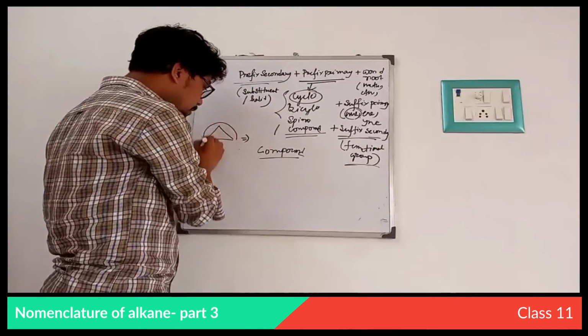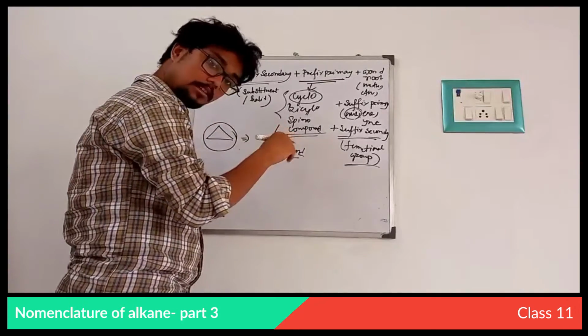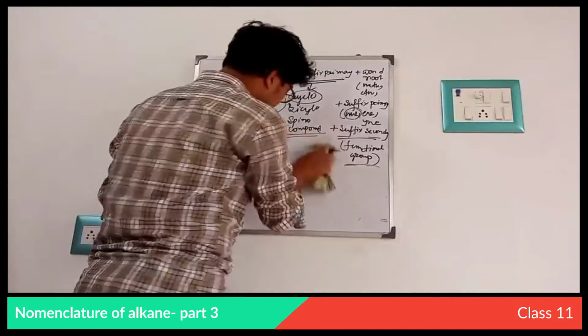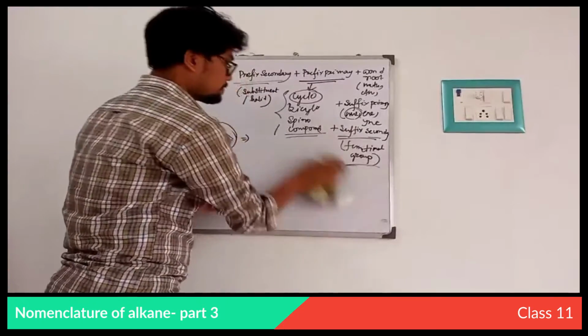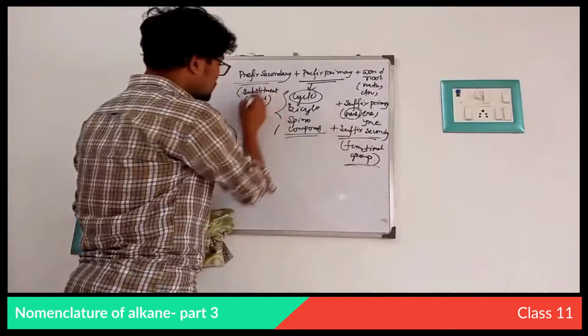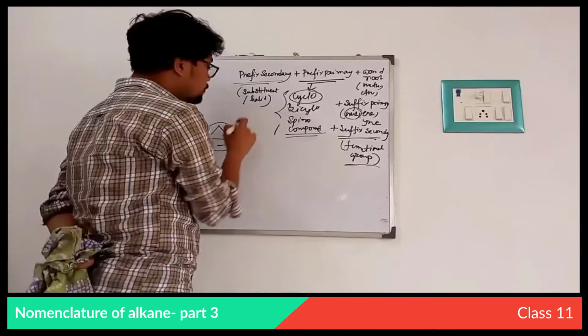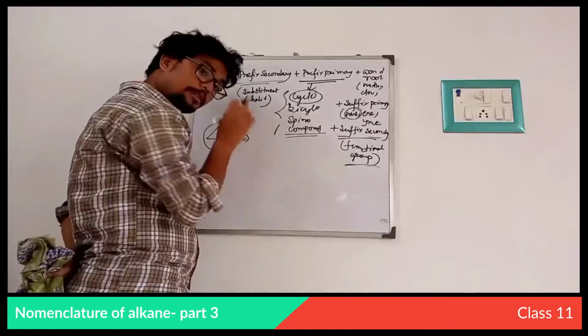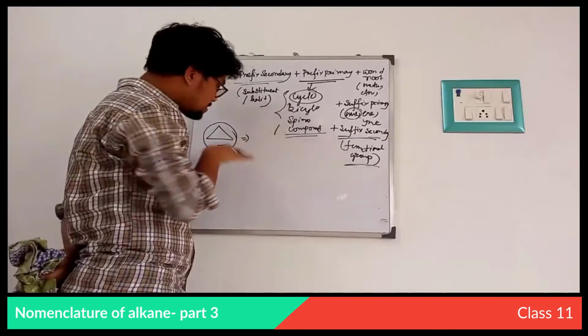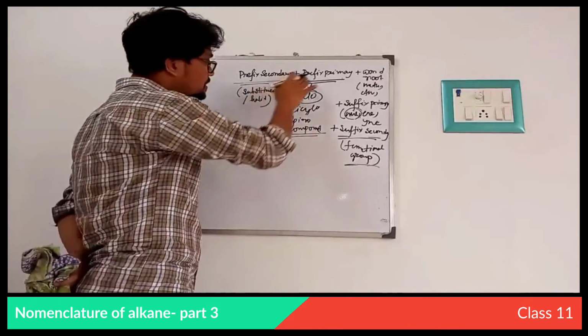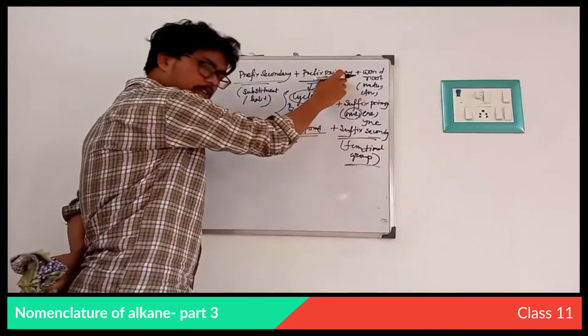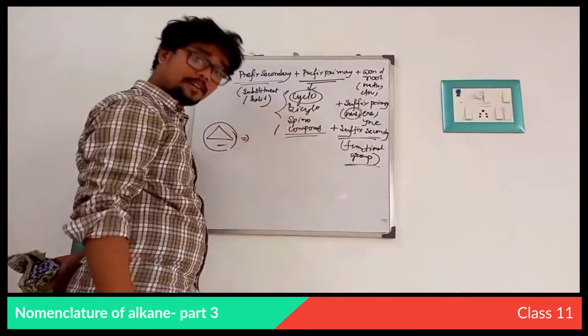How does the cycloalkane name come? What is the prefix secondary in this compound? There is no prefix secondary because there is no substituent group as well as no halide. Now in this case, for the first time there is a prefix primary present.